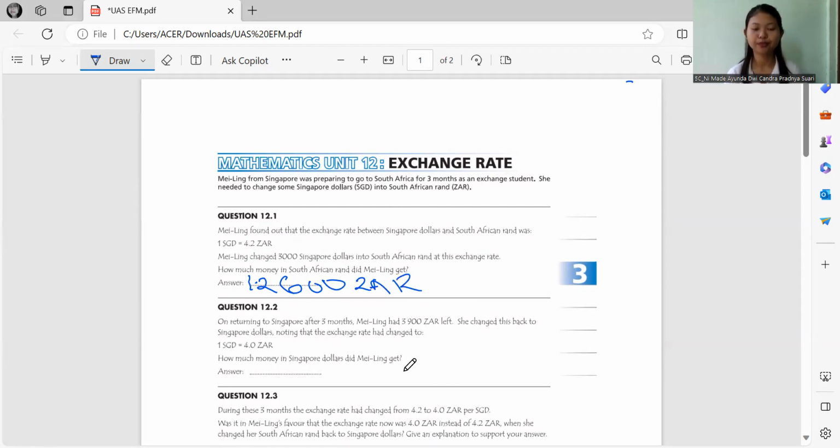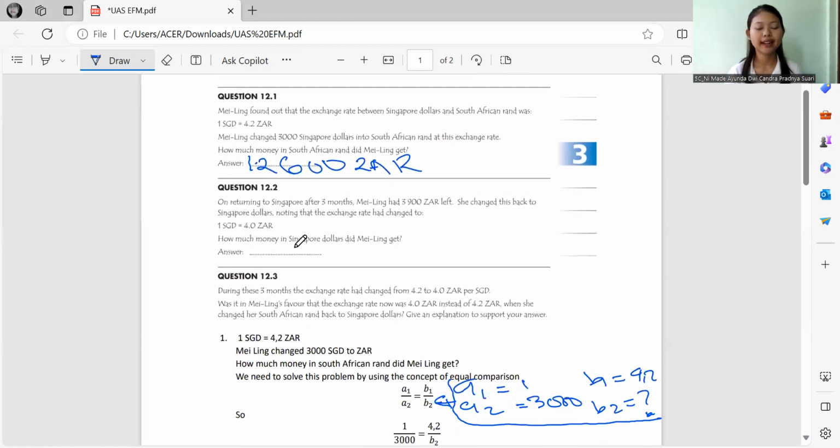Next, question number two. On returning to Singapore after 3 months, Mei had 3,900 rand. She changed this back to Singapore dollars, noting that the exchange rate had changed to 1 SGD equal to 4.0 ZAR.